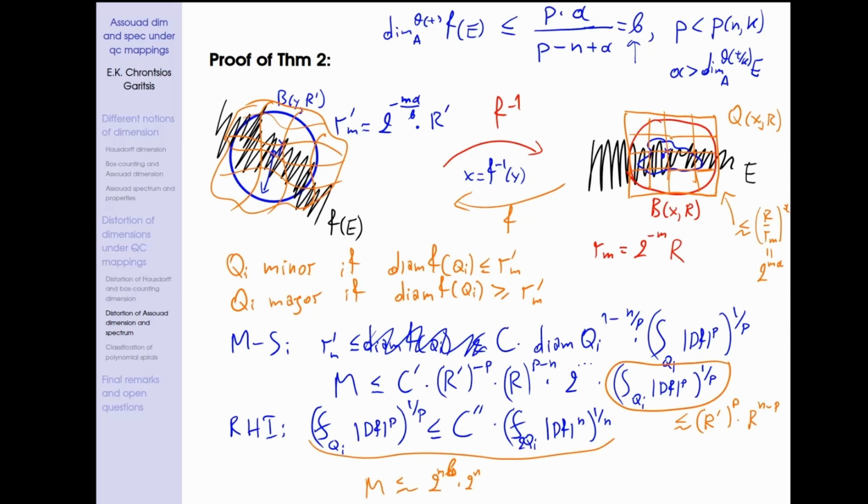Yeah. So we have bounded the number of all cubes we need here, that when we apply f, we get them to be sets of diameter at most this in the set that we want to cover. We have bounded it by some constant times 2 to the m times beta, which bounds the theta Assouad spectrum of f of E.